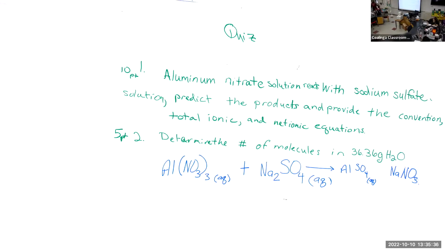What is the charge on sulfate? -2. So +3 and -2. Does that equal 0? So how many aluminum should I have? I should have 2. And then how many sulfate should I have?